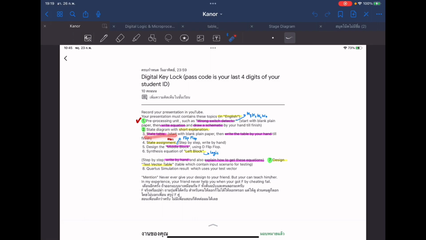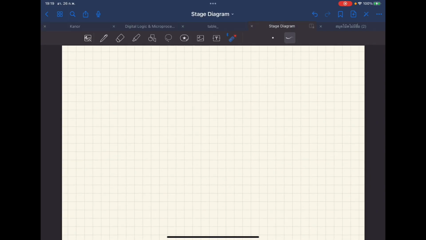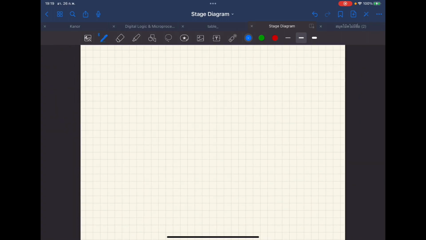And then the next topic is the state diagram and state table. We're going to draw a state table by looking at this state diagram. First we're going to draw the table.